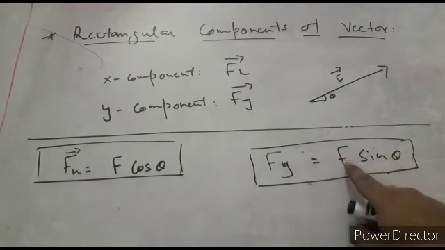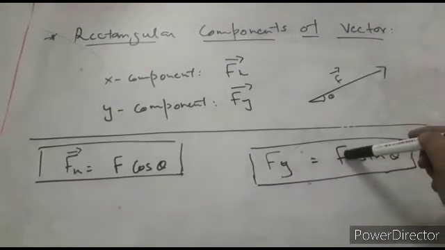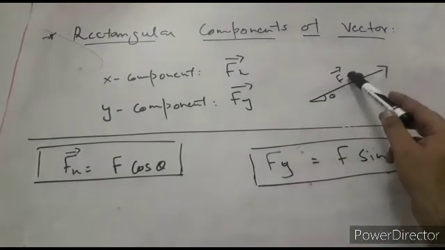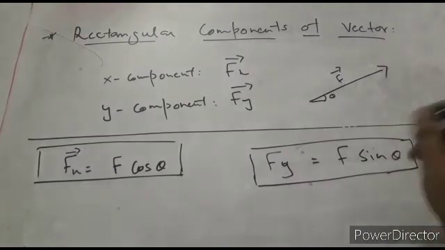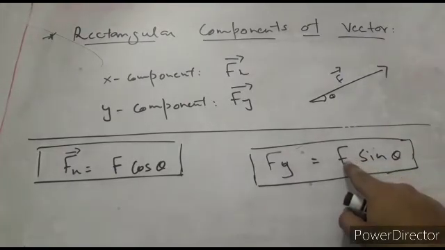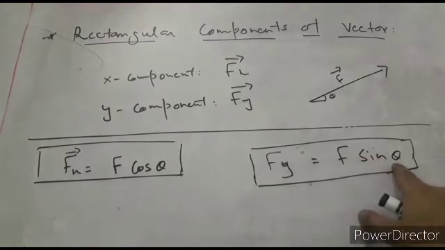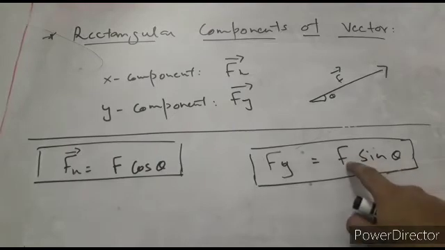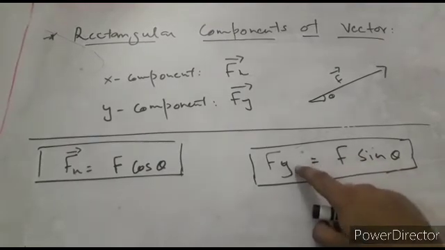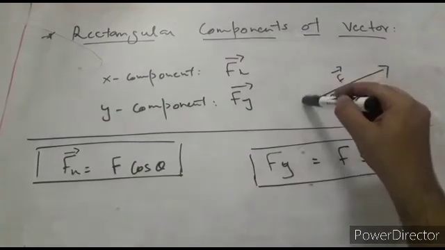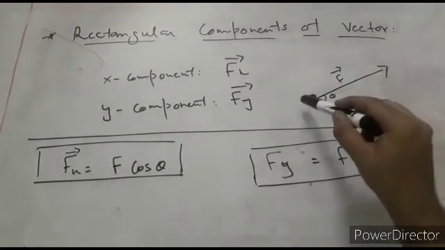So we put the magnitude of this vector F over here, like if it is 5 Newton at 30 degrees, we will put the value 5 over here and sine 30 over here. First we find the value of sine 30 with a calculator, then we multiply it with 5. So we will get the magnitude of the x component and y component.